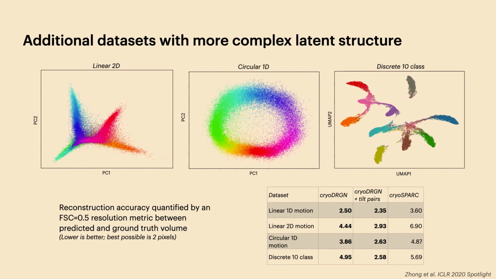So there's a couple of additional data sets with more complex latent structure. The linear 2D data set has two parts of the protein complex that are moving independently. The circular 1D data set I've already shared. There's a mixture of 10 discrete classes of this hypothetical protein complex. And we also quantify that CryoDragon can reconstruct the distribution of structures.